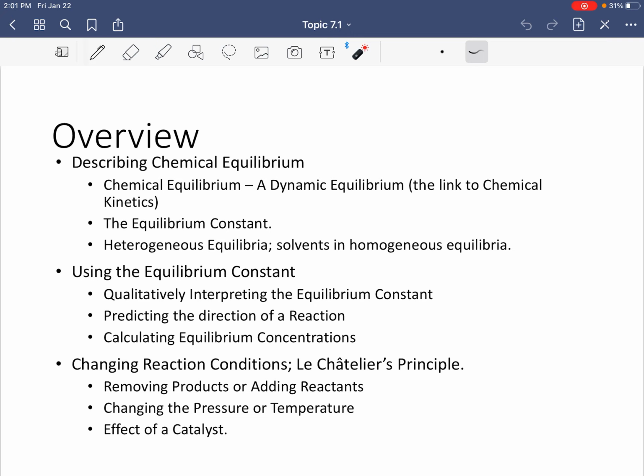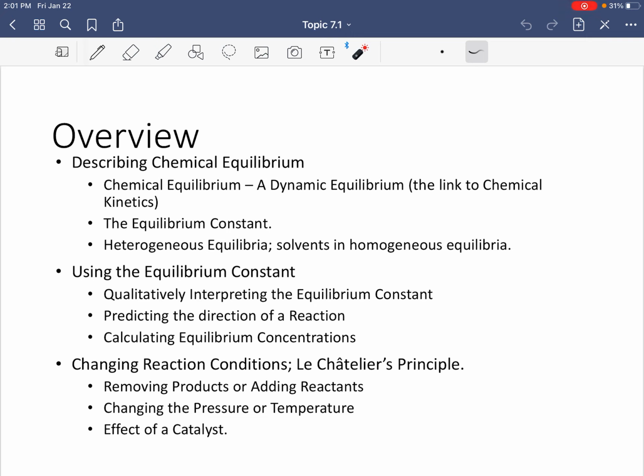Then we're going to look into something known as the equilibrium constant. Every equilibrium reaction has an equilibrium constant, which means it's a number that the reaction has to achieve in order for equilibrium to be established. We'll take a look at that later, I guess.